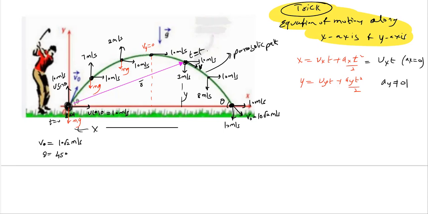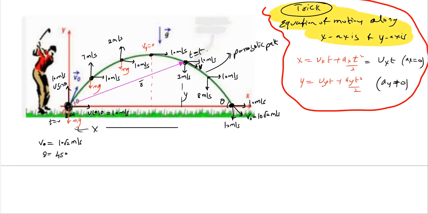Acceleration along the y-axis will be non-zero. So our entire problem solving will use equations of motion along x and y. Don't think you are learning some new concept: it is motion in one dimension, used twice, along x and along y. That's what projectile motion is.